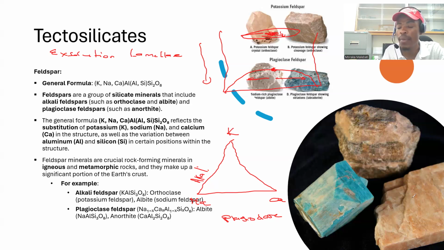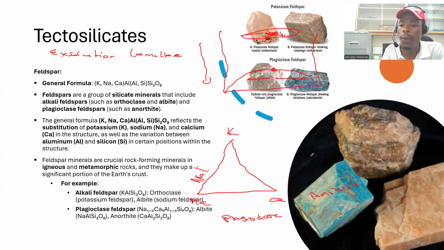This exsolution lamellae can also be seen in the blue variety of the alkali feldspars, the microcline, which is called Amazonite, the blue variety. Amazonite also has this exsolution lamellae.